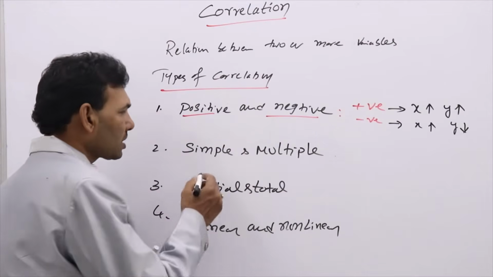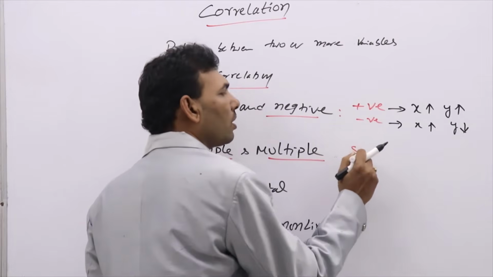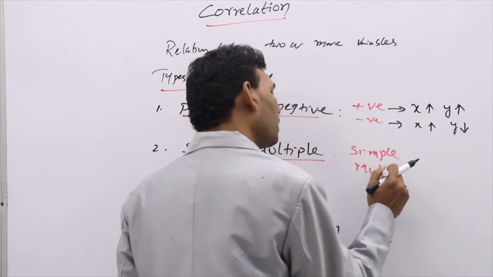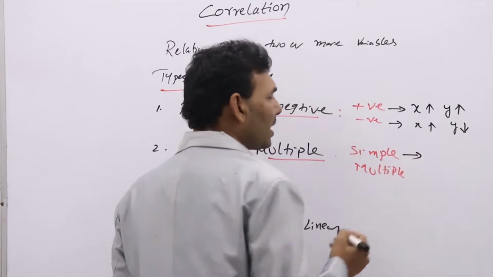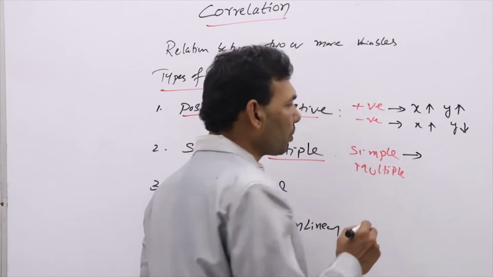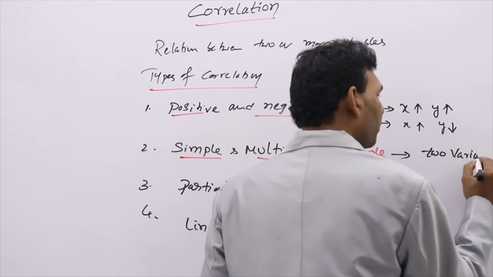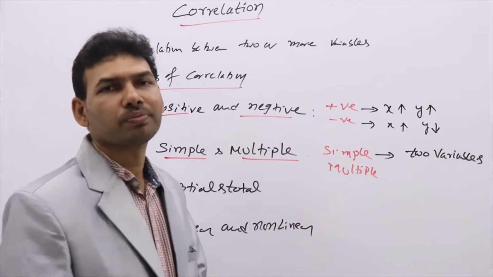Coming to simple and multiple correlation. So the name itself says the meaning. Simple correlation studies the relation between two variables only, how two variables change.